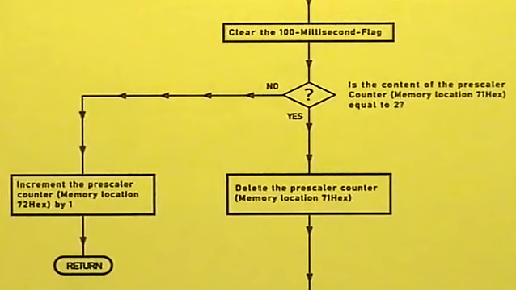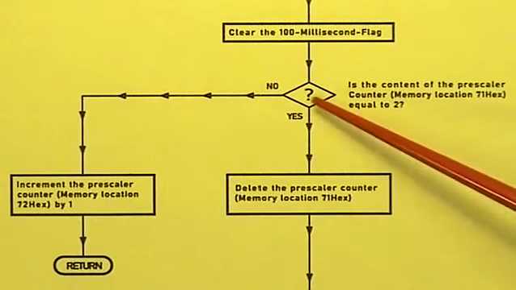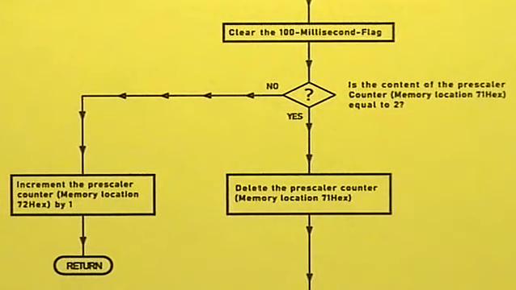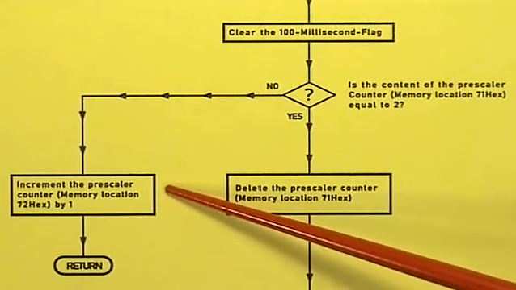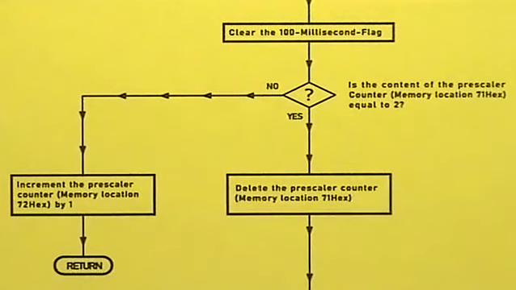Then it is queried whether the content of the prescaler is equal to 2. If not, the content of the prescaler counter is incremented by the value 1. After that, the subprogram running light is exited again.